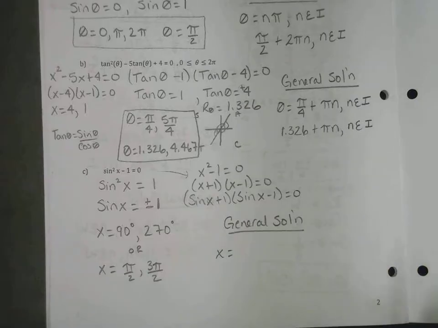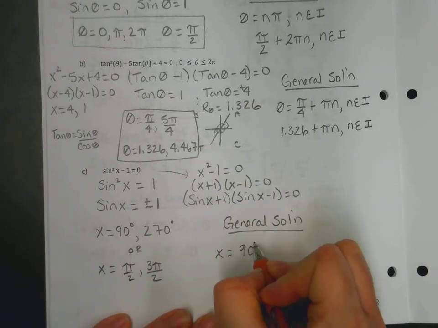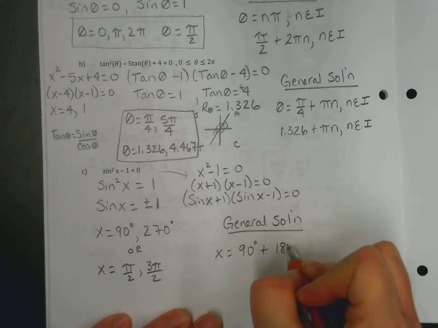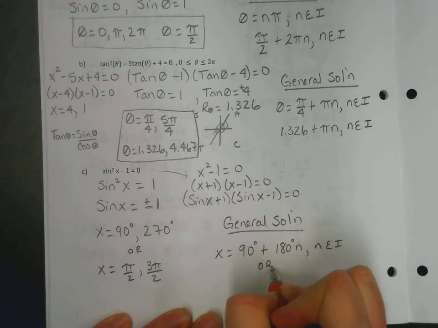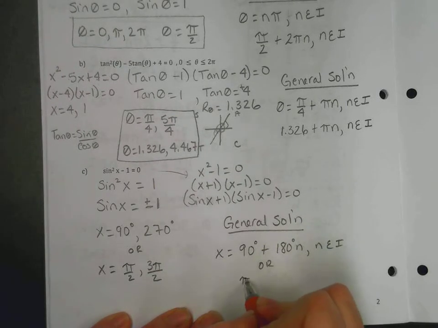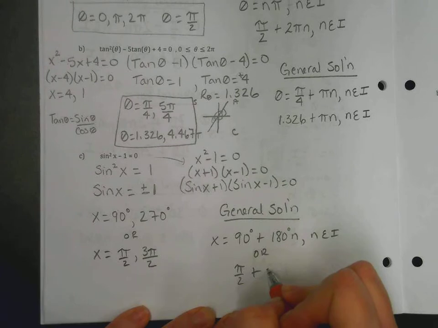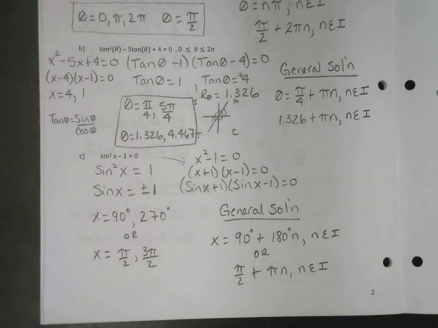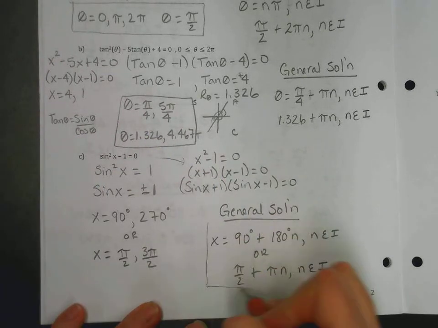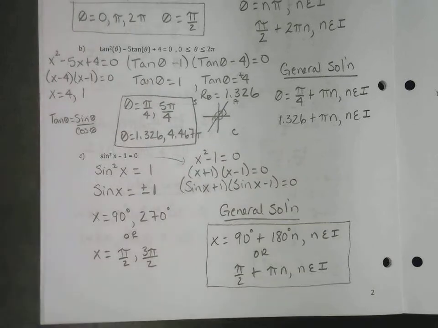So 90 degrees plus 180 degrees n, where n belongs to the integers, or in radians would be pi over 2 plus pi n, where n belongs to the integers. Okay, so in this case, no domain is given. All we're looking for is this general solution. Okay. All right, I have 2 here to try on your own. Okay, but I still will quickly work through them with you.